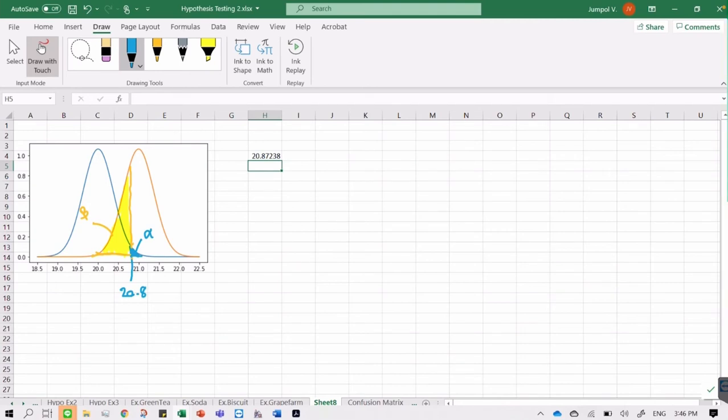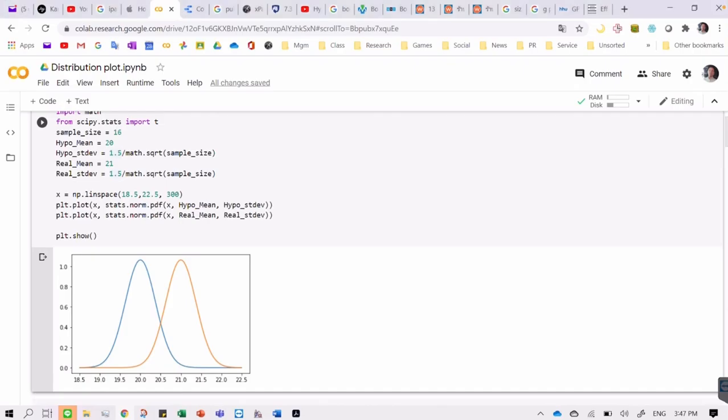From the calculation we know that beta is about 0.3667, which is very high. It's more than 1/3 of the whole probability. So we want to reduce this. I'm going to plot the graph again with a sample size of 30.